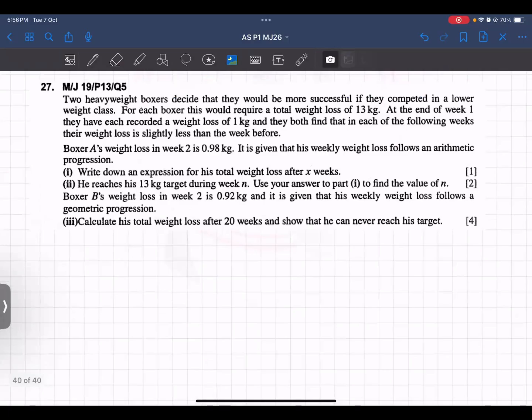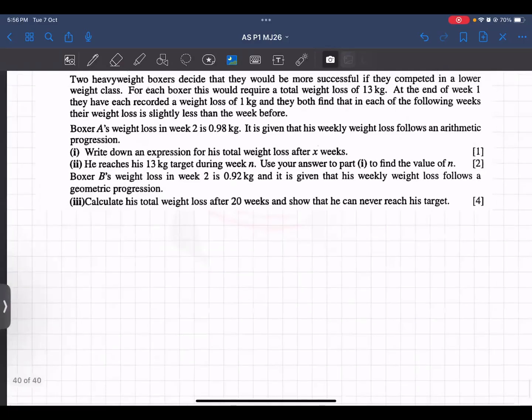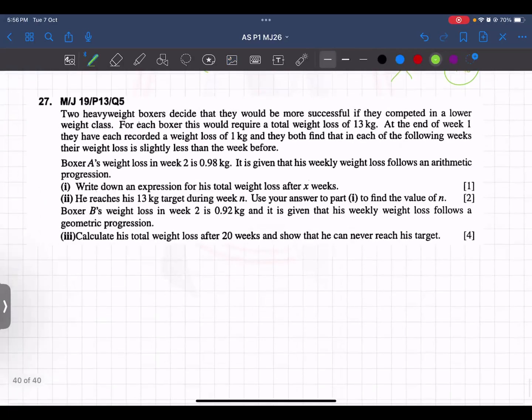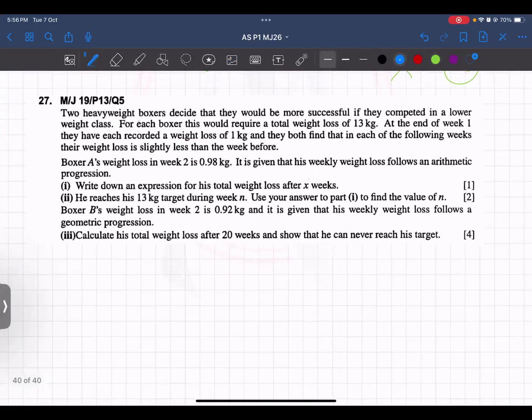Two heavyweight boxers decide that they would be more successful if they competed in a lower weight class. For each boxer, this would require a total weight loss. Both of them want to lose 13 kg. At the end of week 1, they have each recorded a weight loss of 1 kg.